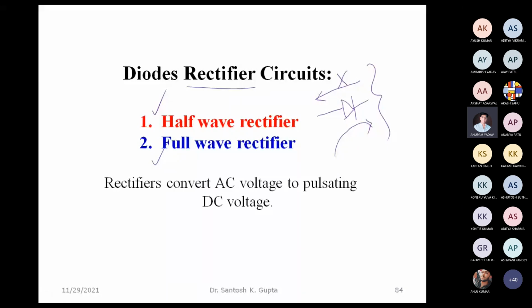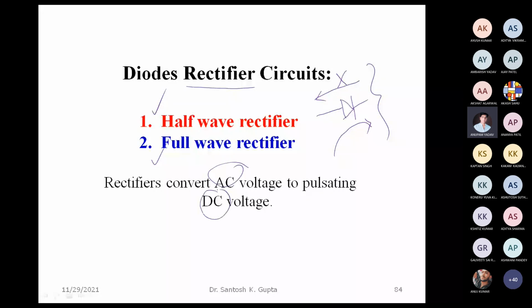The use of rectifiers is to convert an AC signal into a DC signal. An AC signal is one that changes with time, whereas a DC signal is constant with time.